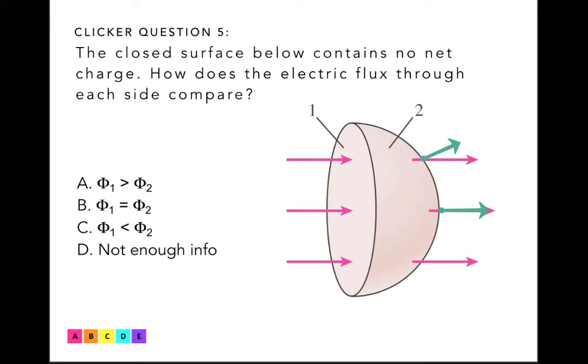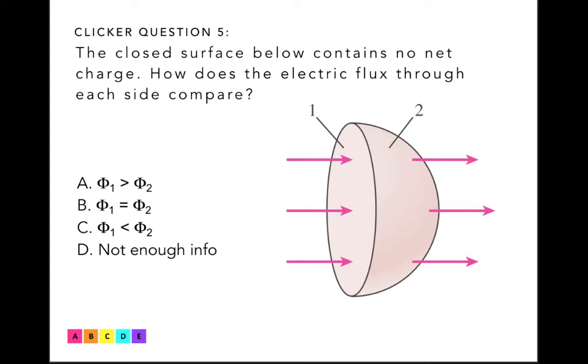Because it's a dot product between the electric field and the surface area. So you can tell just by looking at this, you're going to have to do a lot of cosine theta, all right? Every time cosine theta is less than 1, that's smaller than if you just have perpendicular vectors, all right? So this is going to give you the same flux as this, even if you go through the whole calculation. But we know it is because we know what flux is. It's a flow.